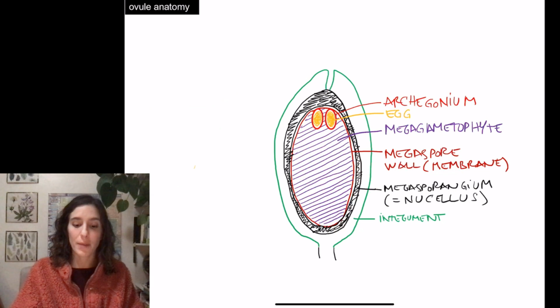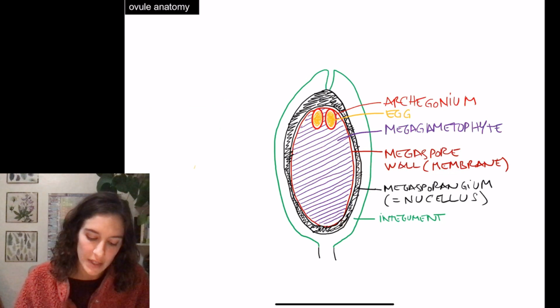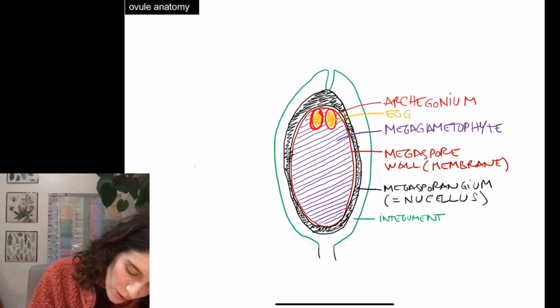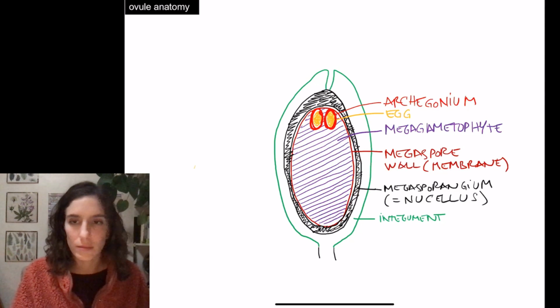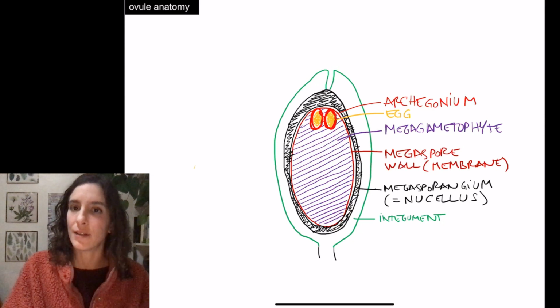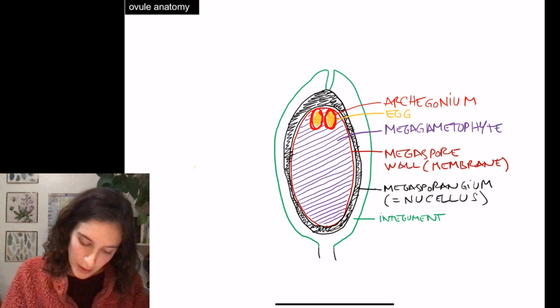So back to this diagram. The archegonium is what is going to produce the egg, as always. So here the archegonium is indicated by this outline of cells, and then the egg is that structure that's actually going to undergo fertilization at some point. That one cell that's going to undergo fertilization with the sperm cell, if it's lucky.